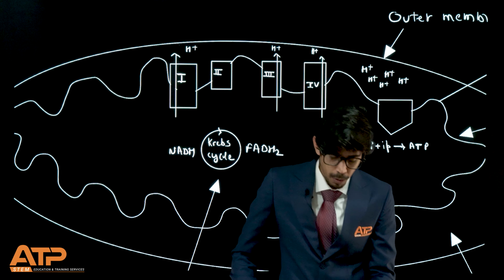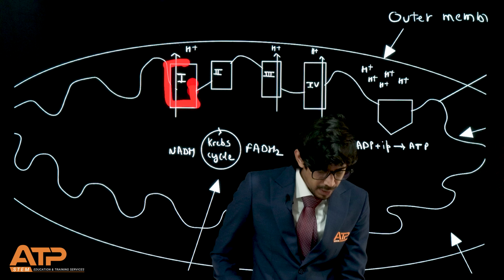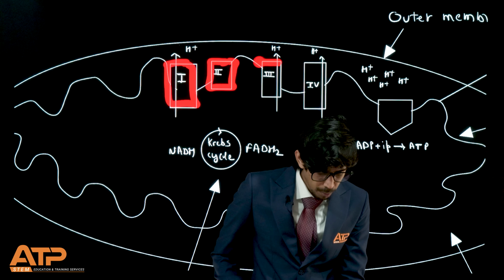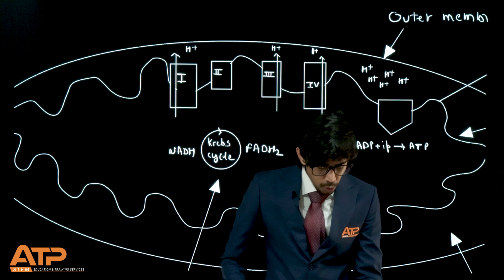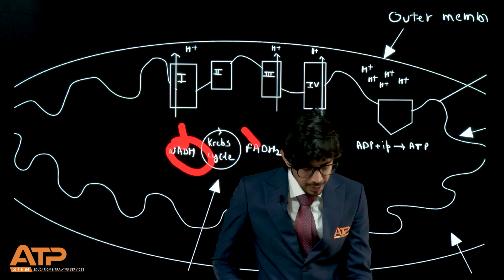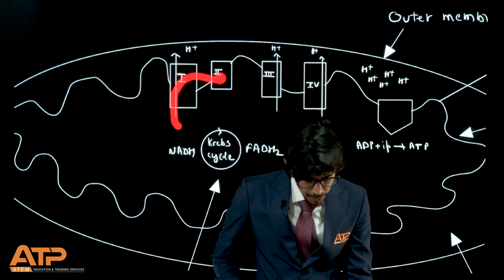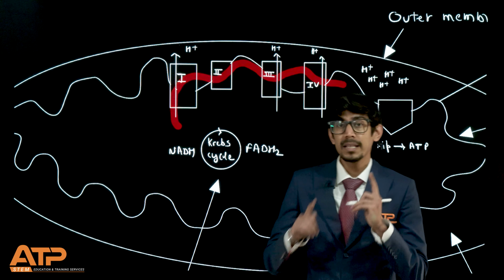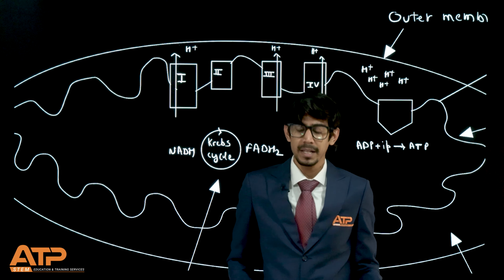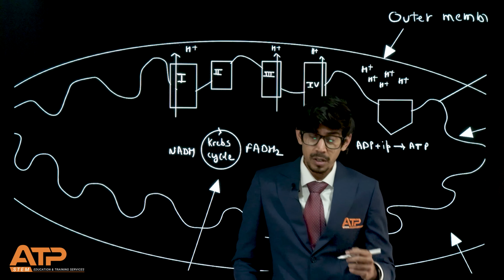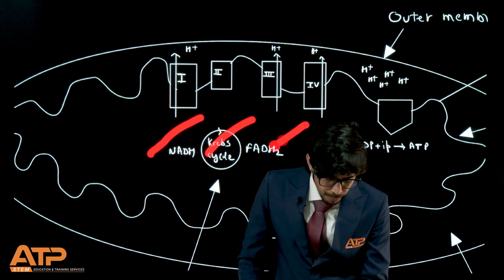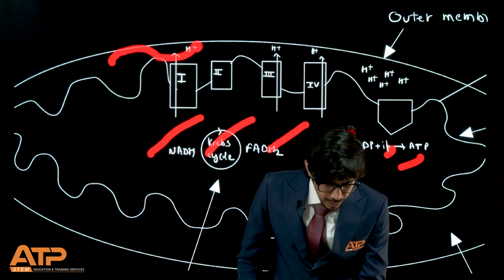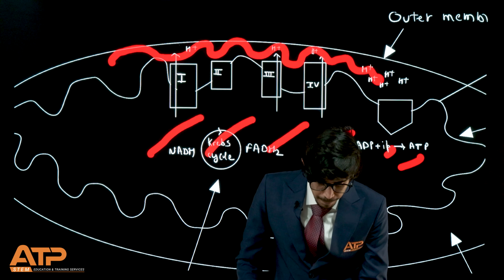In the inner membrane of mitochondria, we have different complexes. Basically 4 different complexes are there: complex 1, complex 2, complex 3 and complex 4. The electrons given by NADH and FADH2 move through these complexes, and when the electrons are moving through these complexes, the energy is utilized to pump the hydrogen ions from the matrix of mitochondria into the intermembrane space.